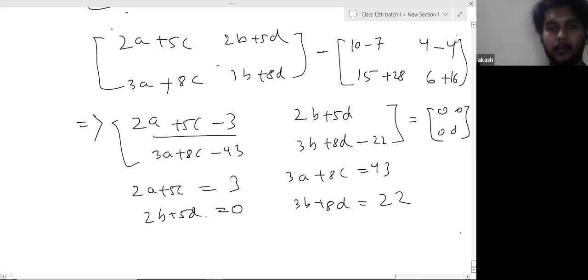From these two equations we can find A and C. How can we do that?